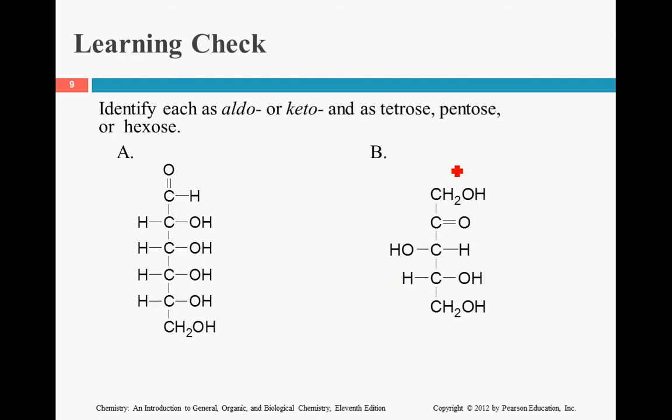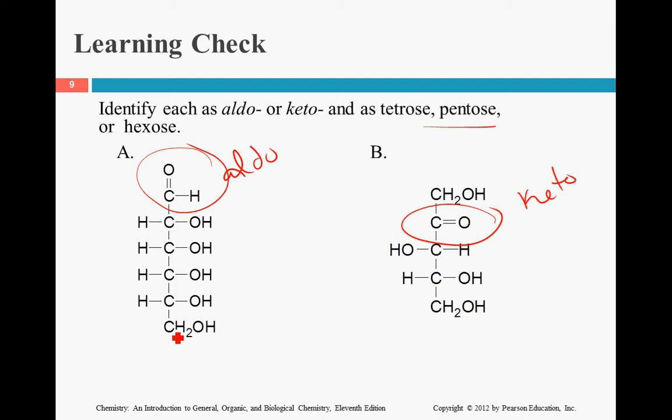So we're going to decide if these are aldo or keto and how many carbons there are. Because the double bond is on top, this is an aldo. Since it's in the middle here, it's a keto. Now we have to decide how many carbons there are. 1, 2, 3, 4, 5, 6.